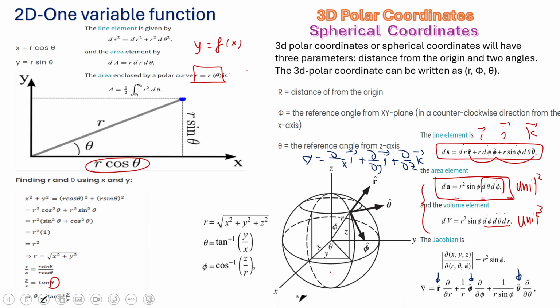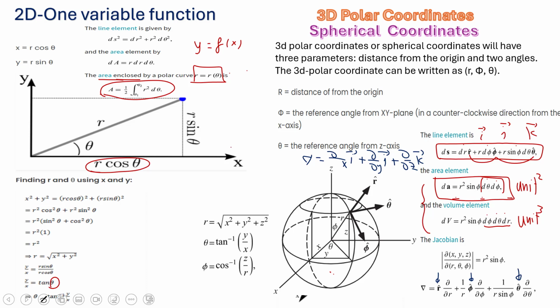Any area enclosed by the polar curve is coming from this formula, right? So all the time in the polar, you integrate with respect to the theta angle, right? To cover the whole curve.